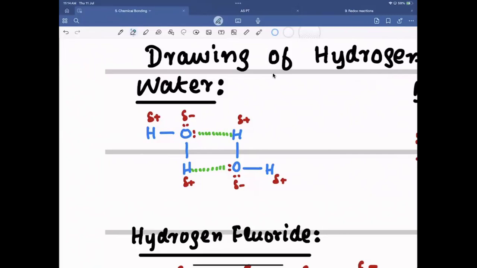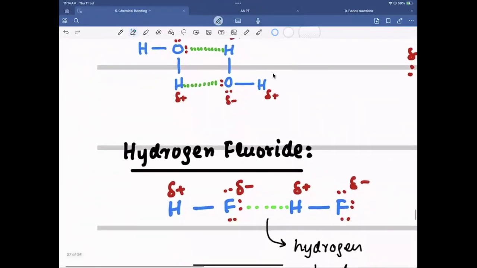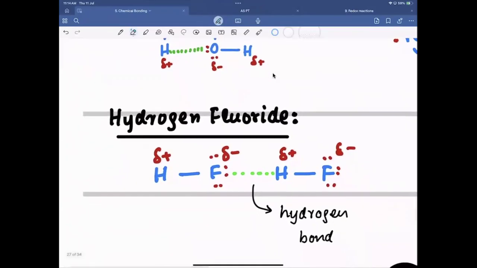Sir, I've sent you. Hydrogen fluoride, you made a mistake. First, how does hydrogen make two bonds? Oh, sorry. Otherwise, the way the hydrogen bond between the fluorine of one molecule and the hydrogen of the other molecule is drawn is correct. But hydrogen fluoride is HF, like HCl, right?